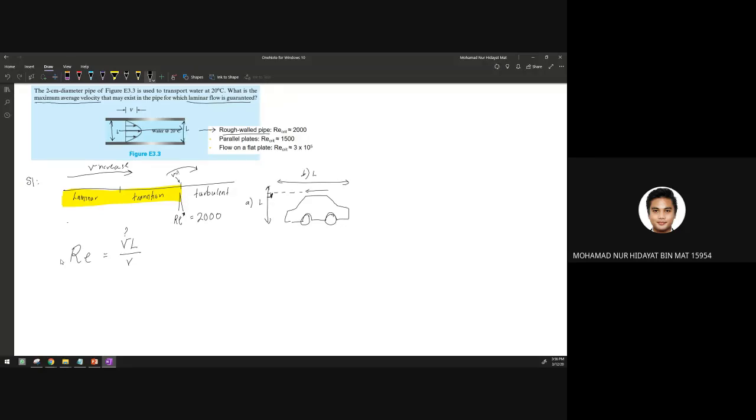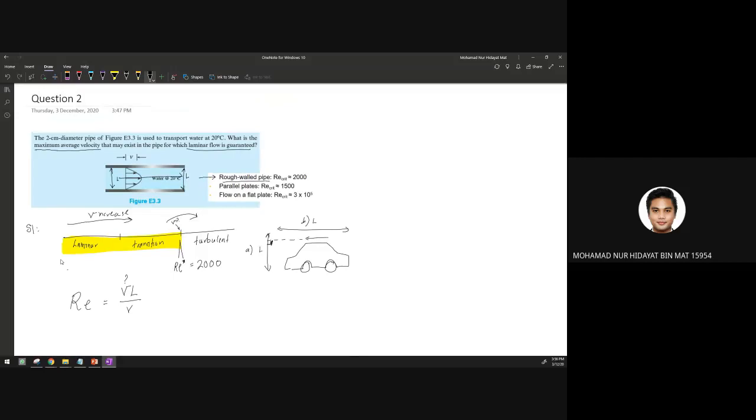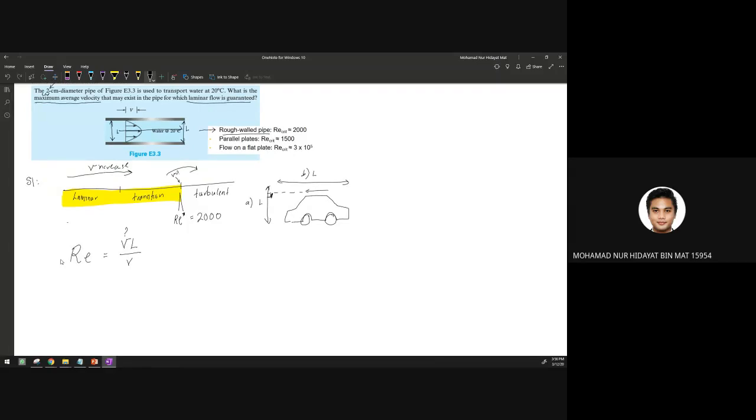So this is L. So definitely L is the diameter. The diameter of the pipe, L, refers to 0.02 meter. Remember, convert to SI unit. Sorry, this is not 0.2, it is 0.02.